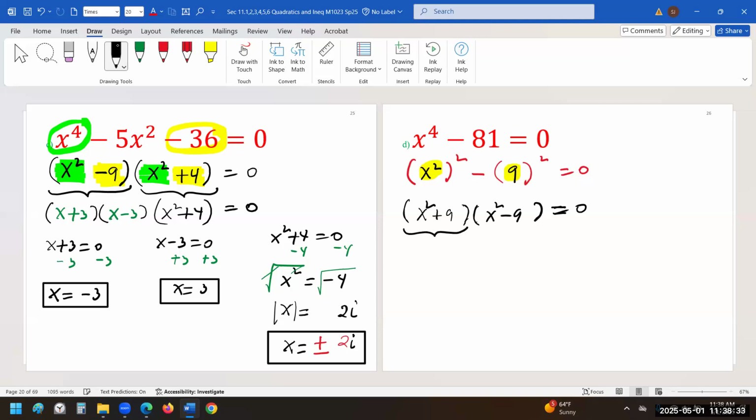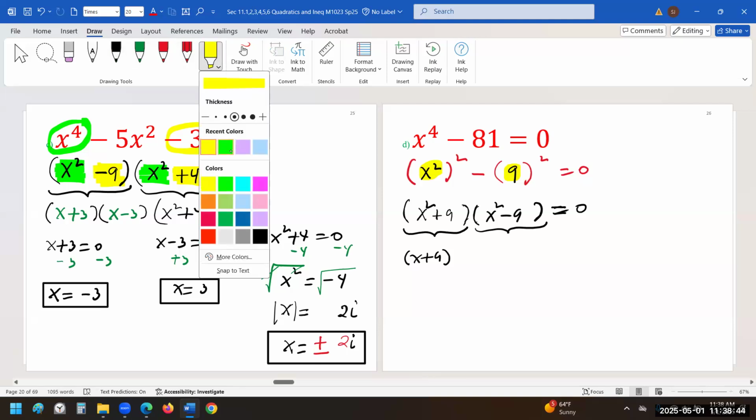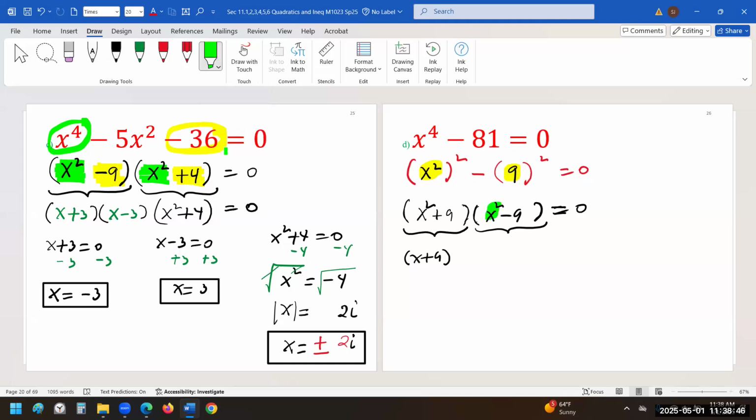Now this is plus, so we cannot do anything. So bring it down. But this is minus. We have x squared minus 9, which is x squared minus 3 squared.